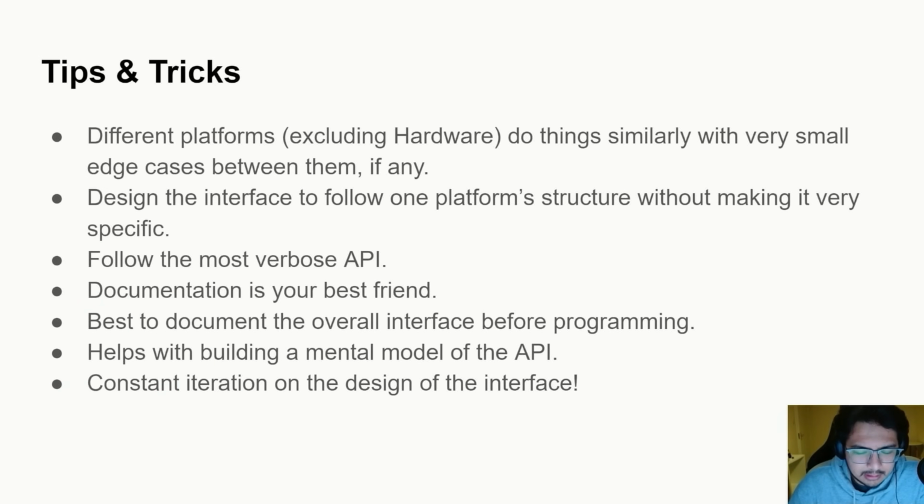So I've already mentioned throughout the presentation that the problem with writing an abstraction layer for cross-platform development is that the different platforms do basically the same thing, but there are a few things that make them very distinct from one another.